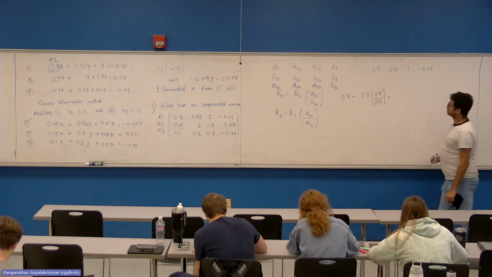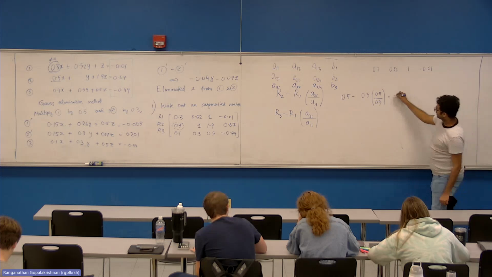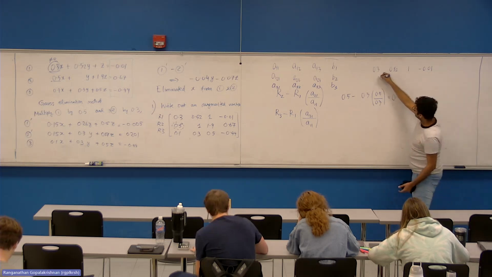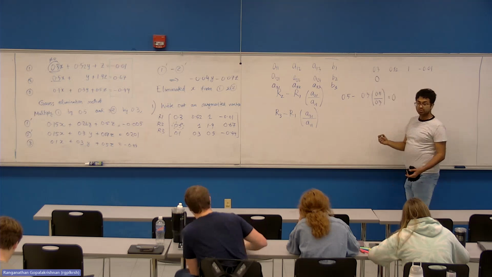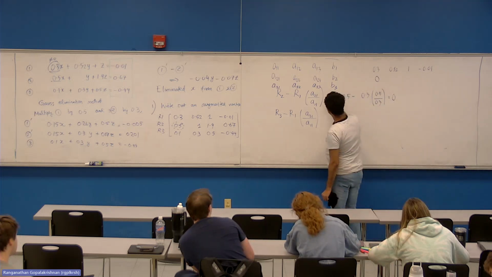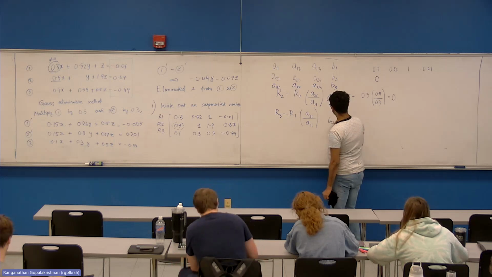What is this? 0. That's the intention, right? By design, the first term is made to be 0. But what about the second term? Okay, this is A21 star.